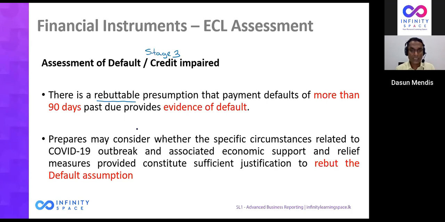Preparers may consider whether the specific circumstances related to the COVID-19 outbreak and the associated economic support and relief measures provide sufficient justification to rebut the default assumption. Whether you can challenge. If you can provide justified evidence, you don't want to put that under stage number 3.